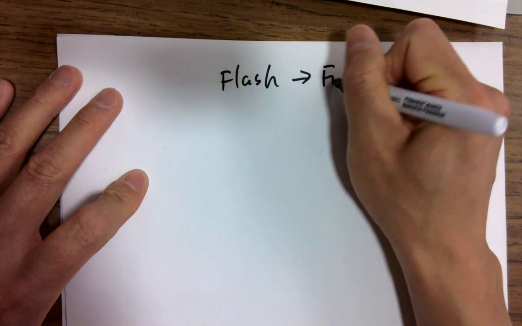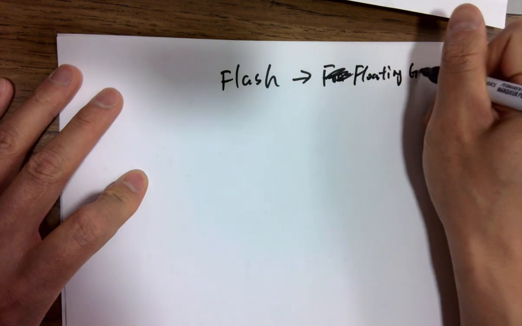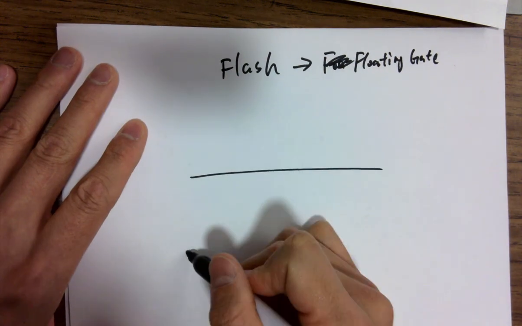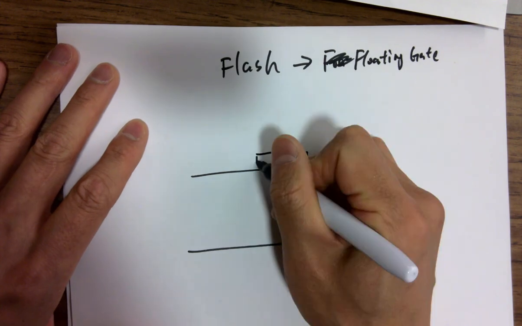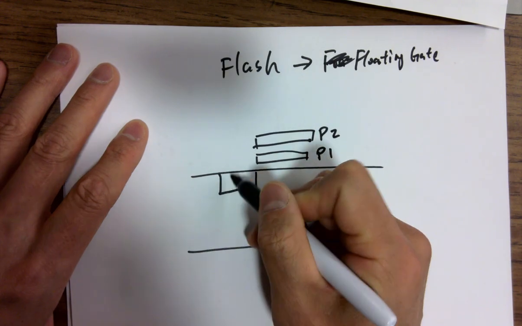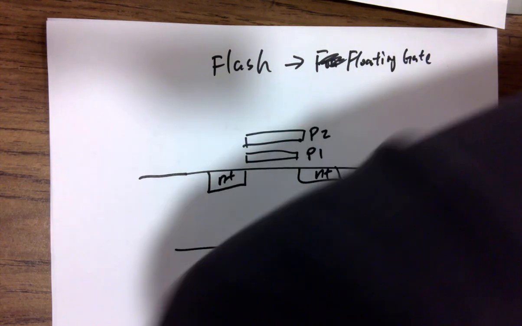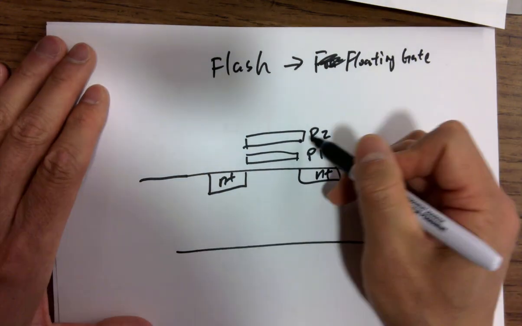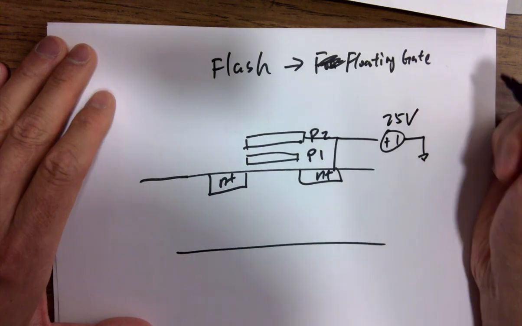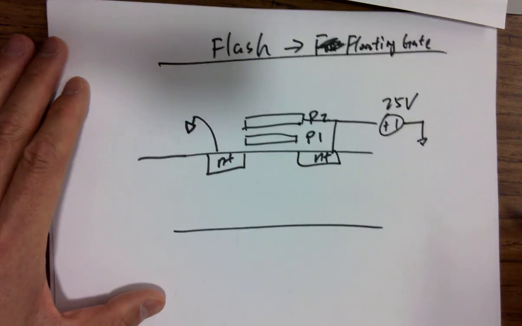It's actually using a floating gate, using two layers of poly. I'm just showing the concept over here, okay?